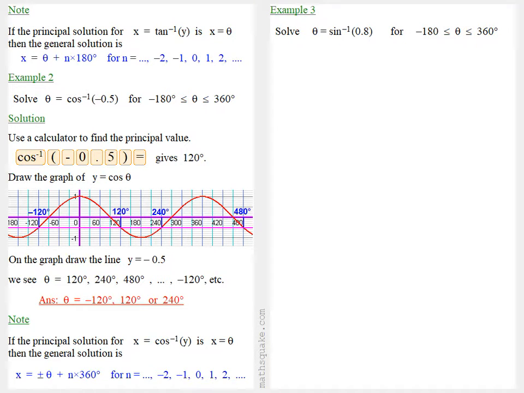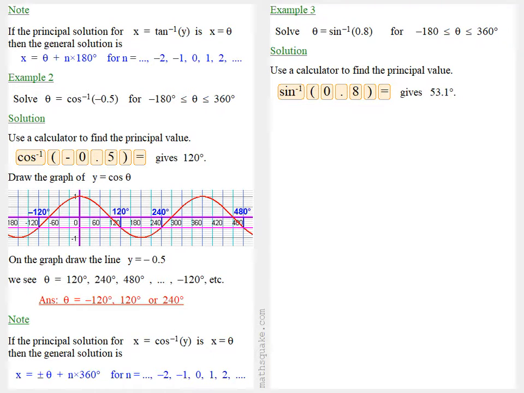Let's look at a third example. Solve theta is the inverse sine of 0.8 for theta lying between minus 180 and 360 degrees. To solve this, we use our calculator to find the principal value. So we type in inverse sine of 0.8 equals, and that gives us 53.1 degrees when rounded off to one decimal place.